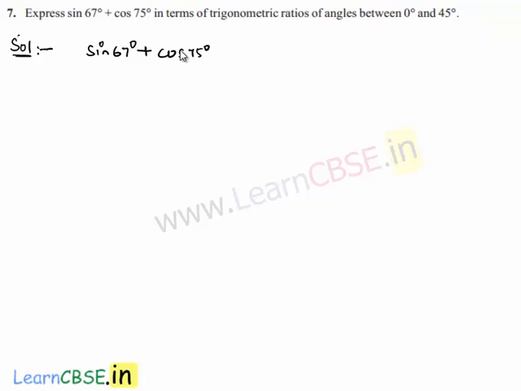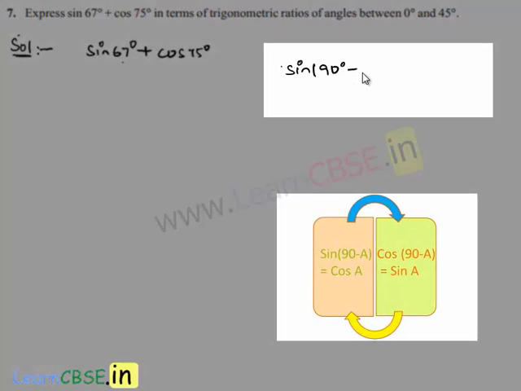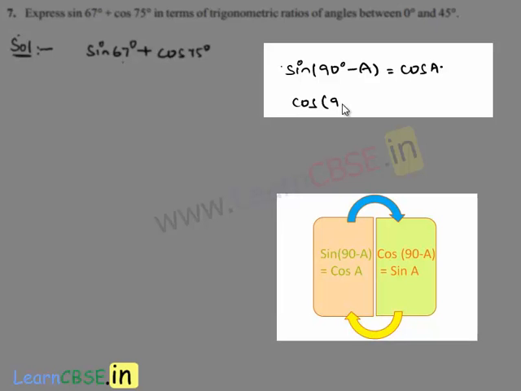In order to express these two angles, 67 degrees and 75 degrees, in the range of 0 degrees to 45 degrees, let us apply the formulas that sine of (90 degrees minus A) is nothing but cos A, and cos of (90 degrees minus A) is nothing but sin A.